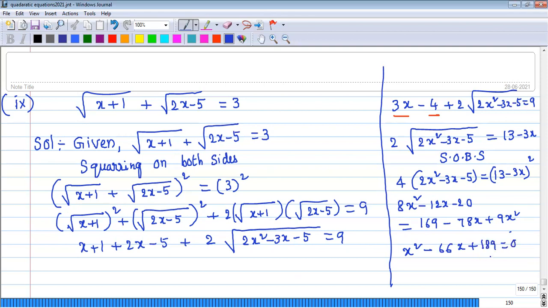Now the factorization we need to do. 63 into 3 is 189.